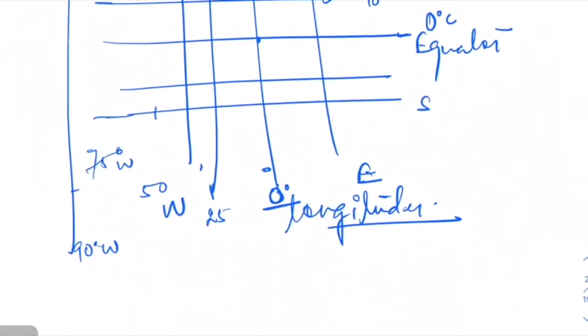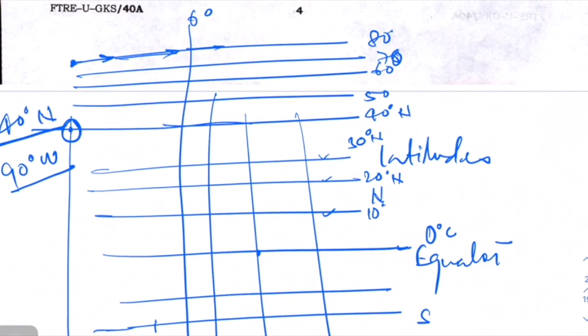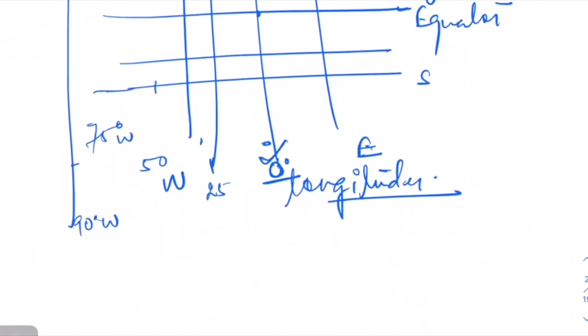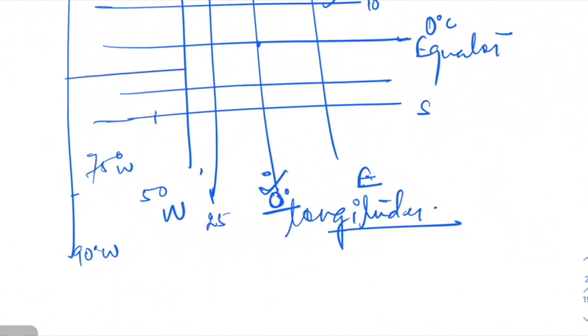You can see that this line is still on the west side: 90 degrees minus 60 degrees is 30 degrees, still west, because you have not crossed the 0 degree line.